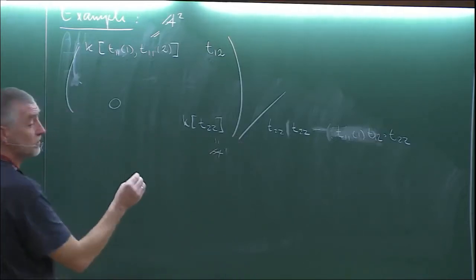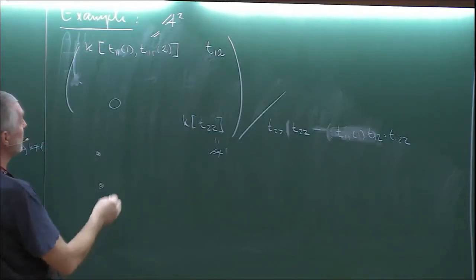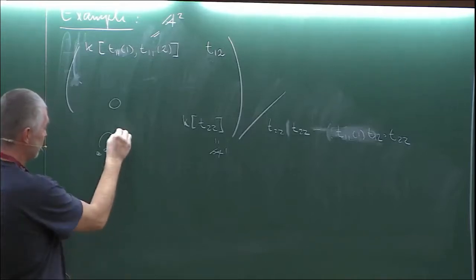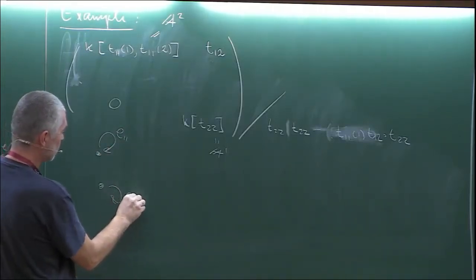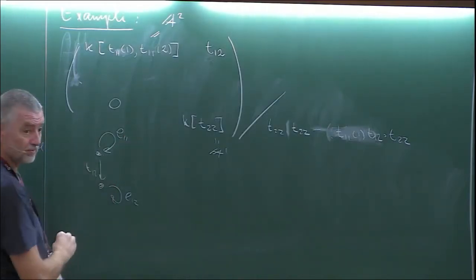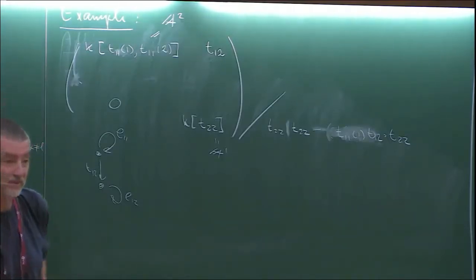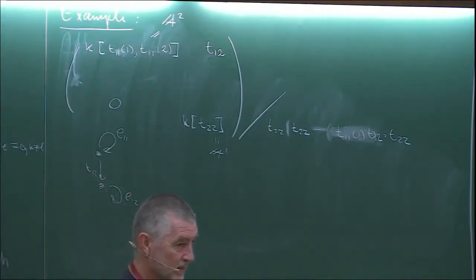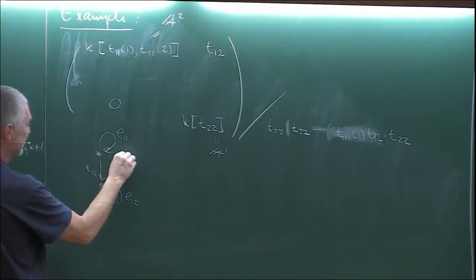Yes, if you absolutely want a quiver, you have two nodes, and you have the loop, because E1 is included. E11, E12. You have a tangent direction from 1 to 2, T12. And that's about it. Sorry, you have two vertices here.